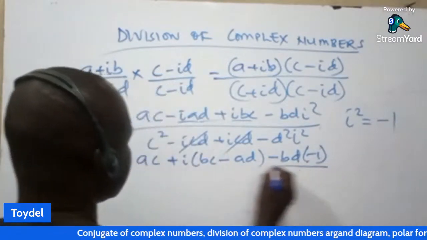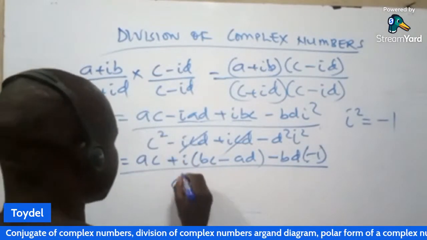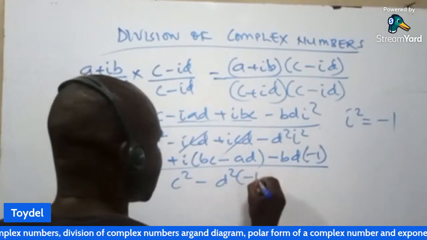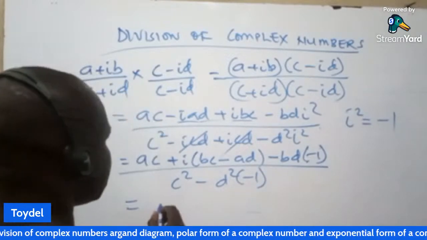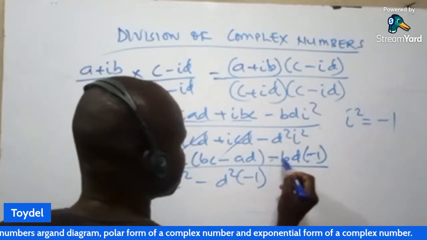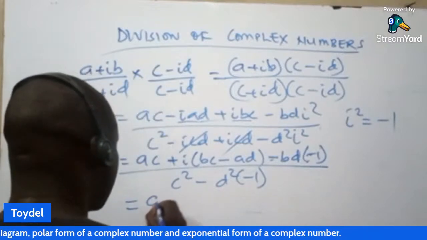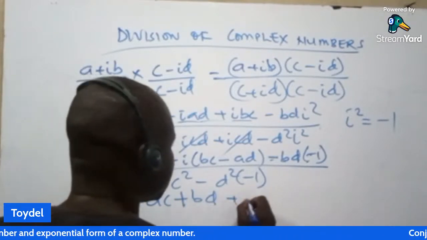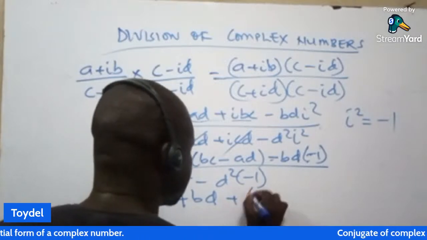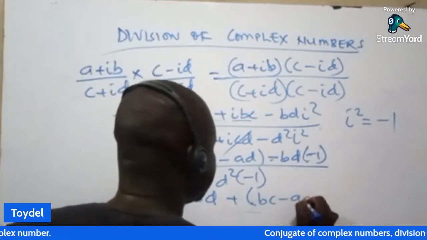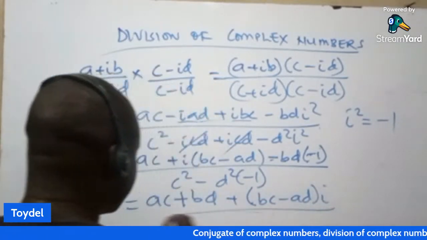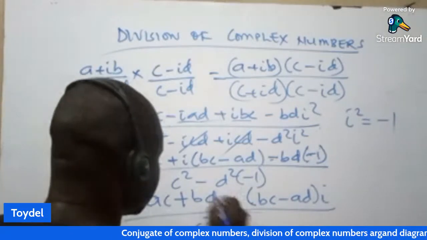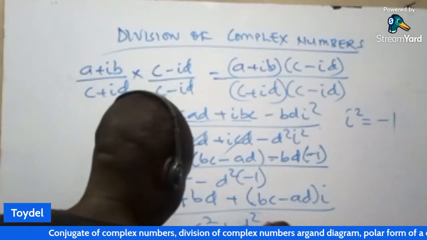All over at the denominator, we have c squared minus d squared into bracket i squared. Then here, I'm going to have minus times minus is plus, so I will have bd here. So finally, we are going to have ac plus bd plus i into bracket bc minus ad, everything all over c squared minus times minus is plus d squared.